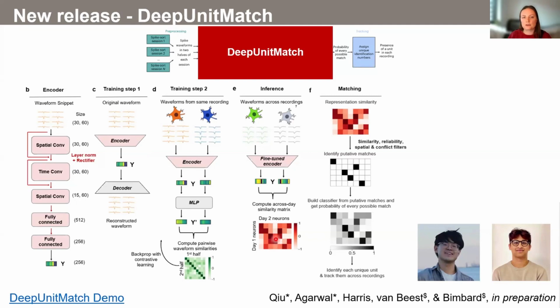Because this is similar to the total score I've told you about earlier, we can just plug it back into the UnitMatch pipeline and assign probabilities, and do the tracking as we have done before. And yes, indeed, unfortunately, AI is better than me at finding the right parameters, because overall DeepUnitMatch seems to be better in terms of functional validation than UnitMatch.